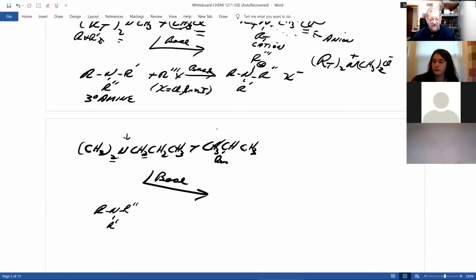And what do I have here? Carbon, a halogen on a carbon: an alkyl halide. And X can be chlorine, or in this case, it is bromine, or iodine. And in the presence of base, you make a quaternary ammonium salt.